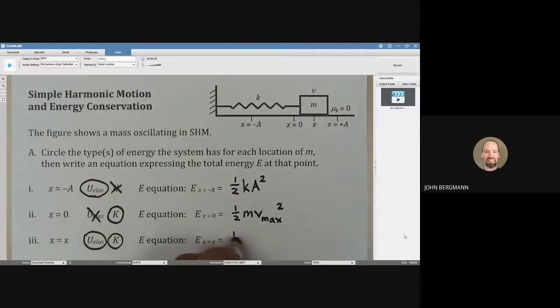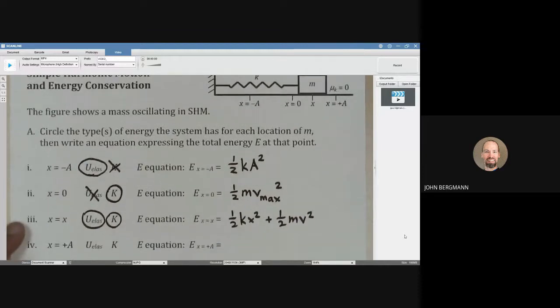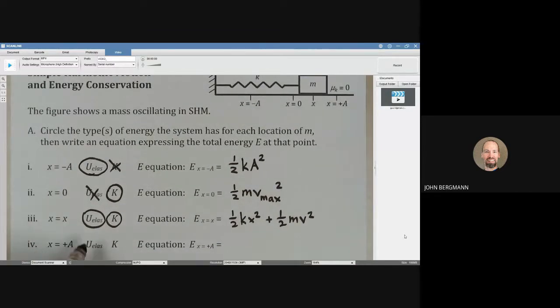We're going to say the elastic potential energy would be 1/2 kx squared, and the kinetic energy would be 1/2 mv squared. And lastly, when we're at the extreme point, we have entirely elastic and no kinetic energy. So that would be the same as that first one that we found, 1/2 ka squared.